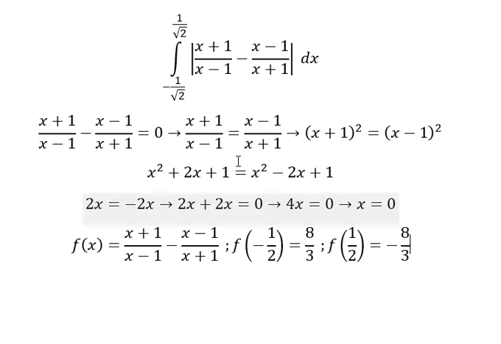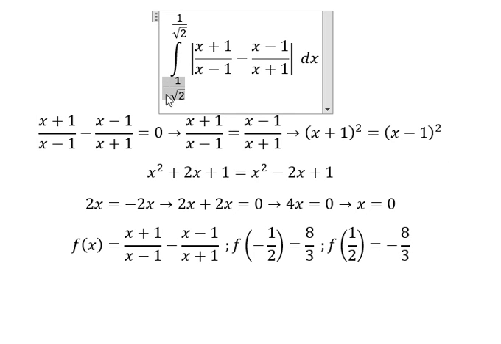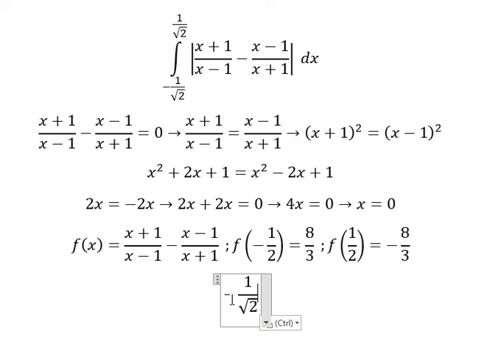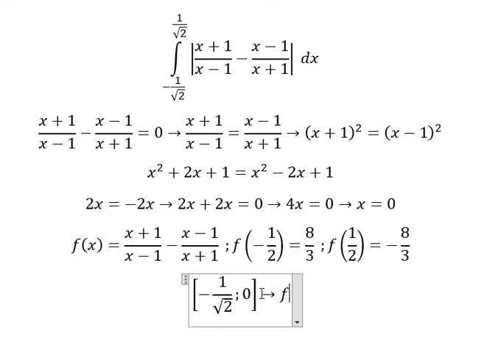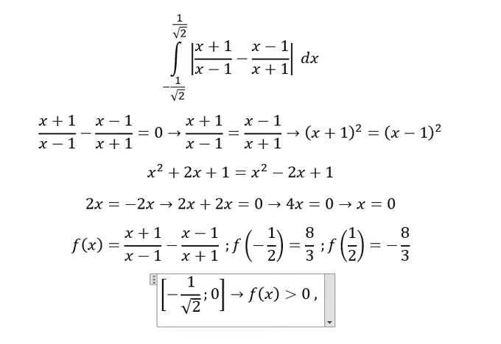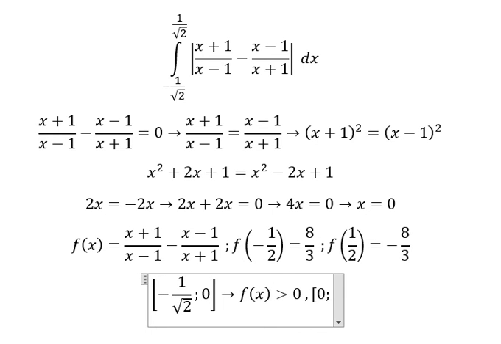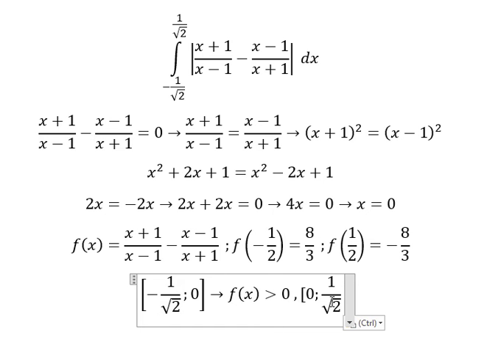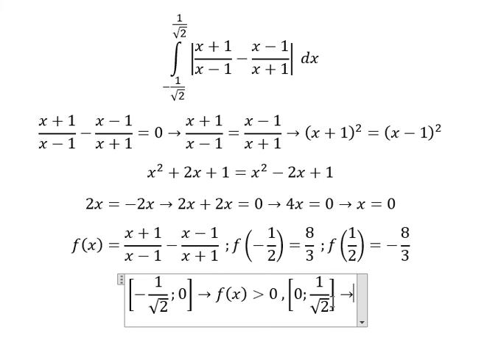So in this situation, from negative 1 over the square root of 2 to 0, the function is positive. From 0 to 1 over the square root of 2, the function is negative.